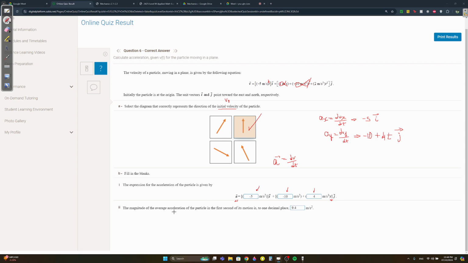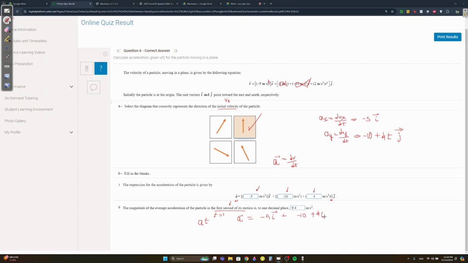The magnitude of the average acceleration, how much is it? How do you find the magnitude? To find the magnitude in the first second of the motion, you can substitute t equals 1, find the vector. So at t equals 1, a is going to be minus 5i plus minus 10 plus 4t.